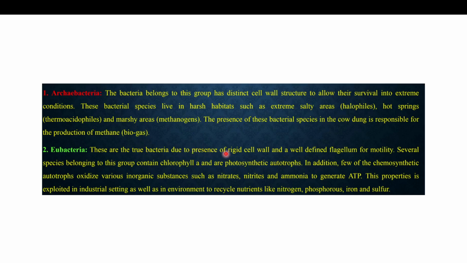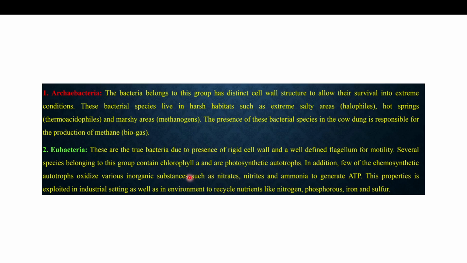They have a rigid cell wall and a well-defined flagellum for motility, and several species belonging to this group contain chlorophyll and are photosynthetic autotrophs. A few of the chemosynthetic autotrophs oxidize various inorganic substances like nitrites, nitrates, and ammonia to generate ATP.